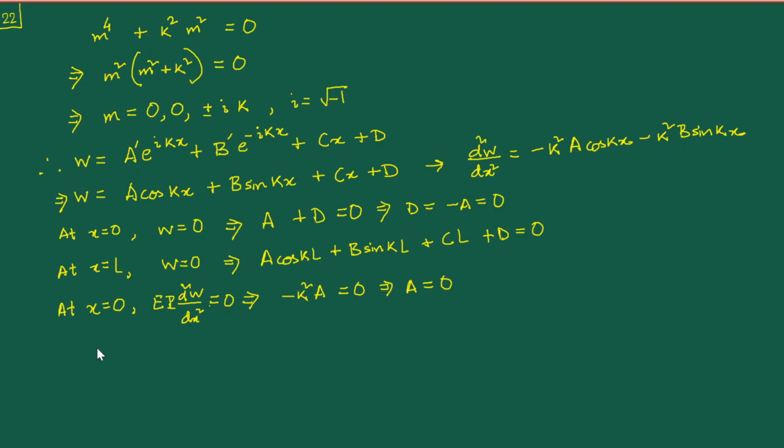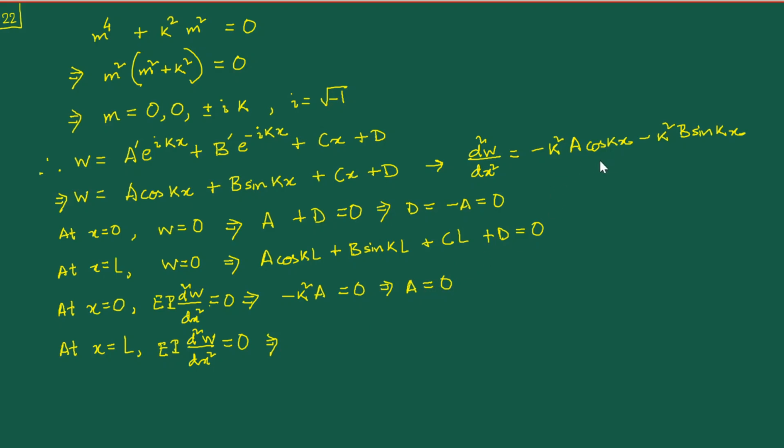Next, at x equal to L, I again have the condition that EI d squared w dx squared is equal to 0. I have already found out that a is 0 and d is 0.